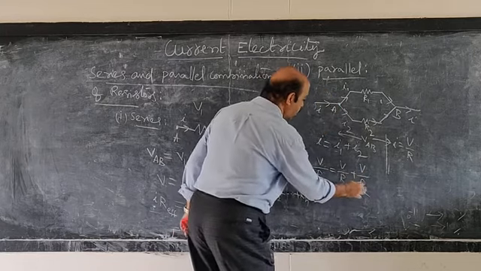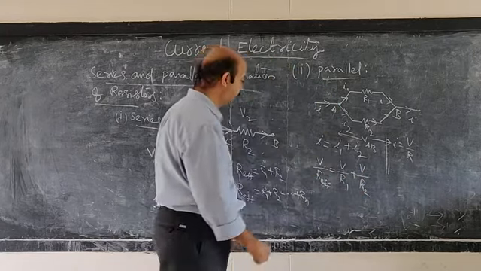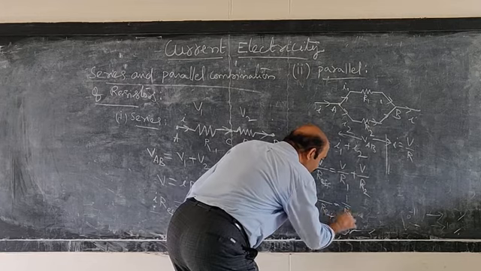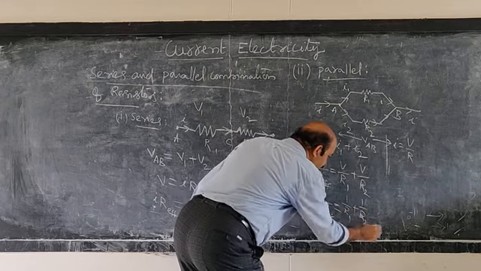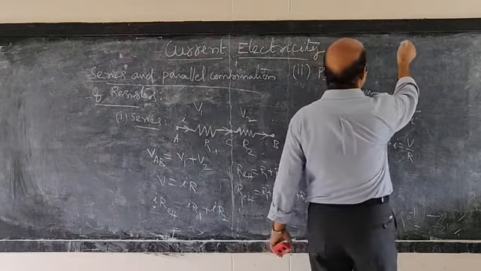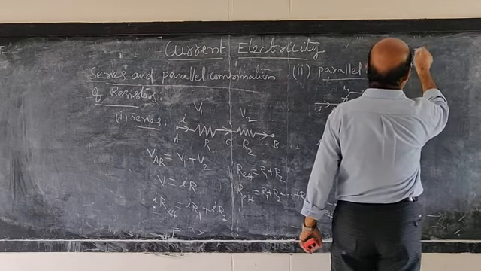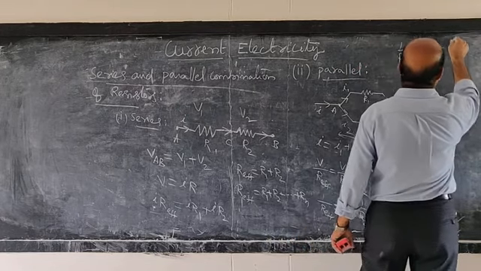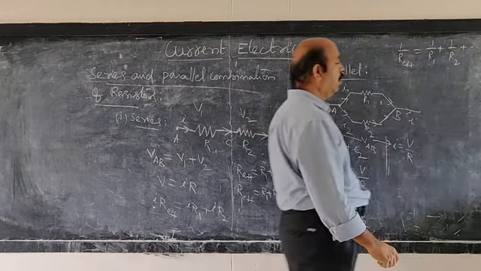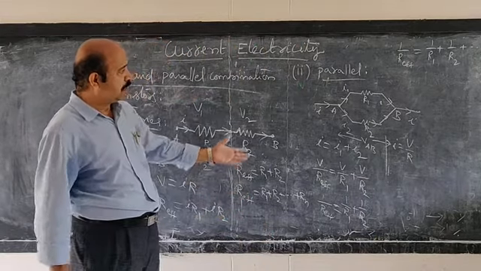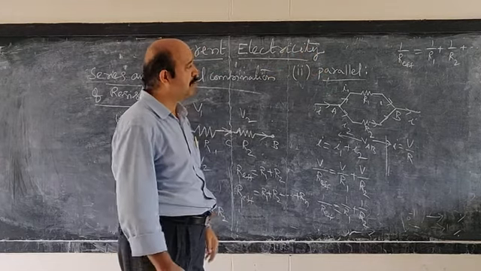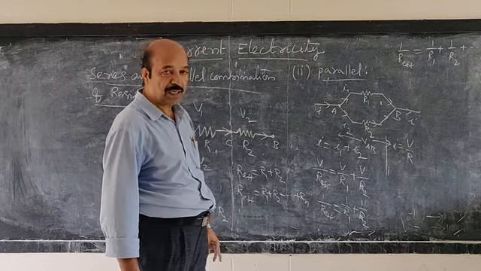Here V is common, hence it gets cancelled. The reciprocal of effective resistance is the sum of the reciprocals of the resistors in parallel connection. For any number of resistors you can use the same formula: if there are n resistors in parallel, you write 1 by R effective as 1 by R1 plus 1 by R2 and so on.